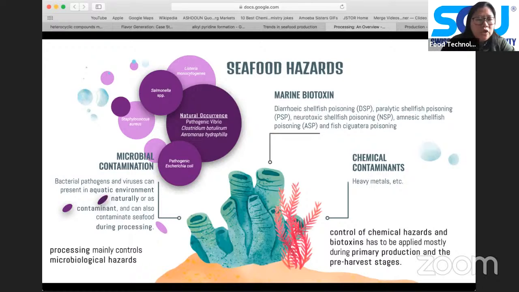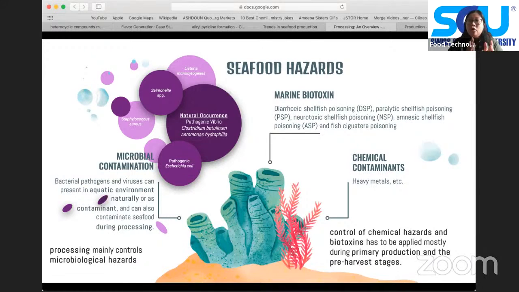If we take a look at microbial contamination, in the environment there are bacterial pathogens and viruses that are naturally present. Also, the aquatic environment can be contaminated with viruses and some bacterial pathogens.